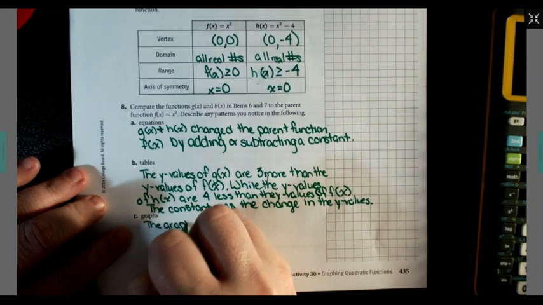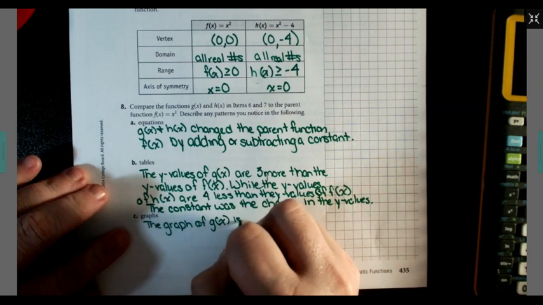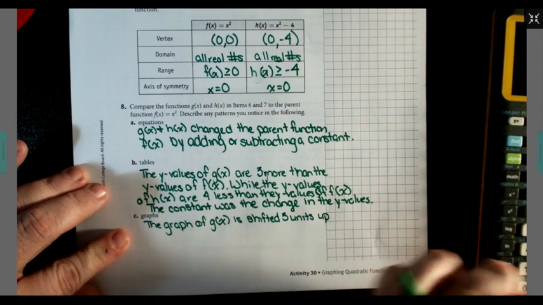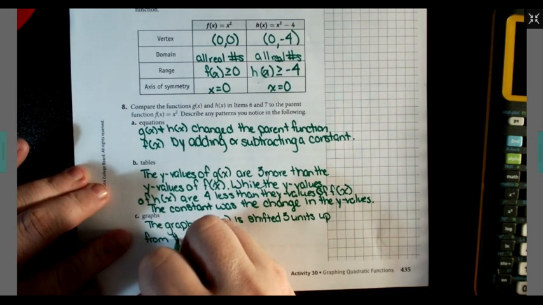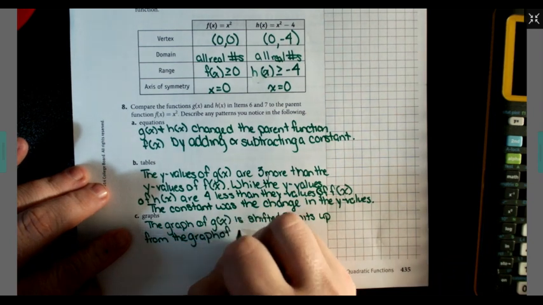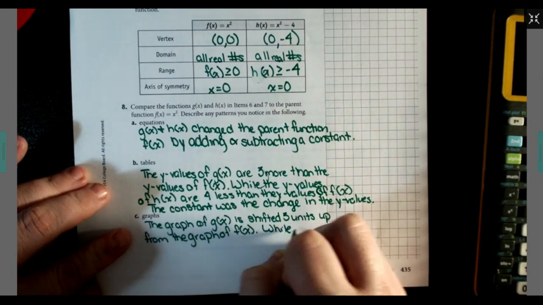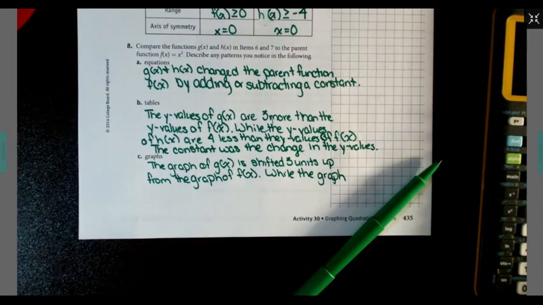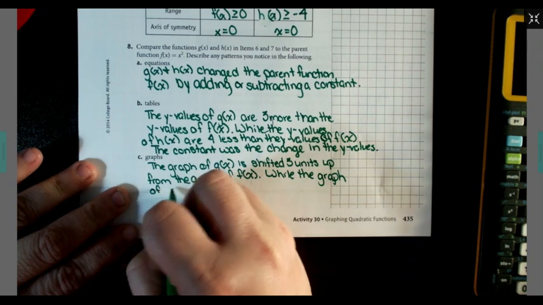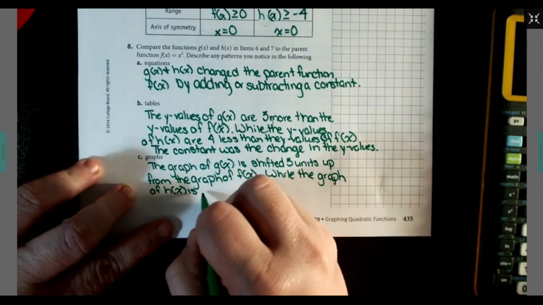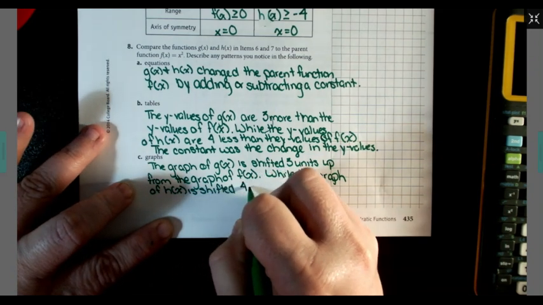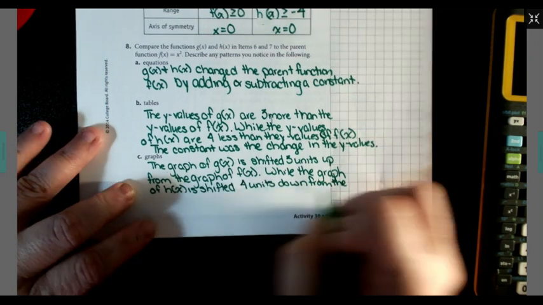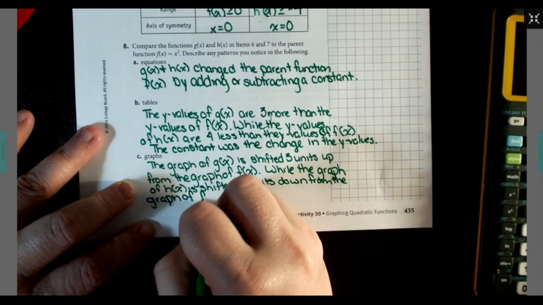Okay. Now going to the graph, sorry. The graph of g of x is shifted 3 units up from the graph of f of x, while the graph of h of x is shifted 4 units down from the graph of f of x.